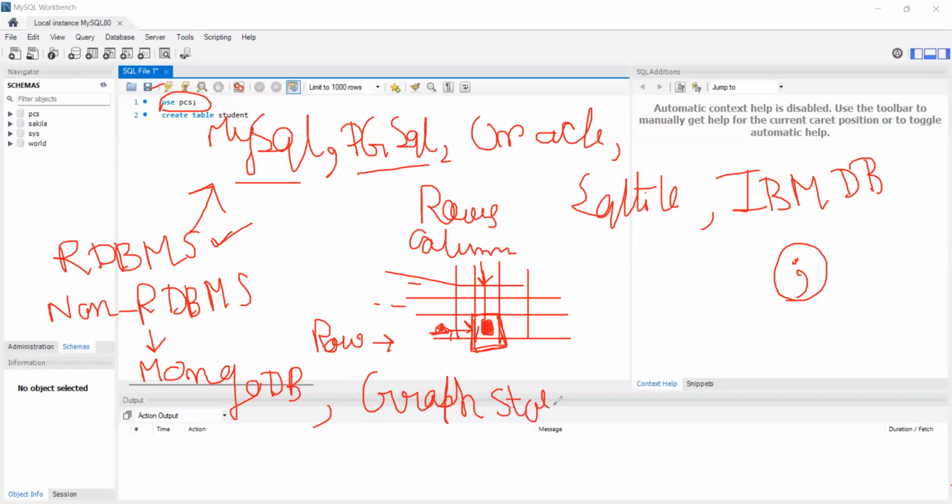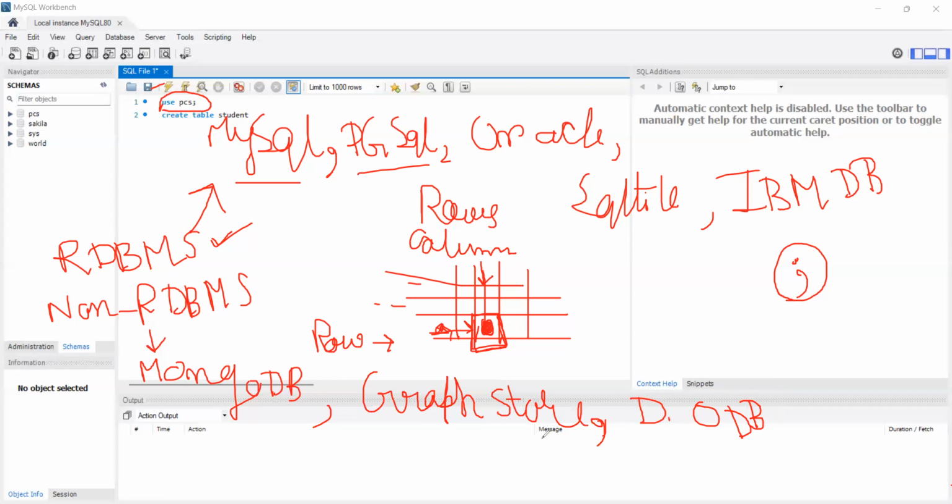Yes, big table, or the document-oriented DB, DODB, document-oriented database. Graph store, where the data is stored in a graphical way.